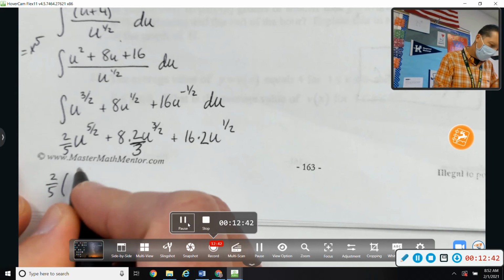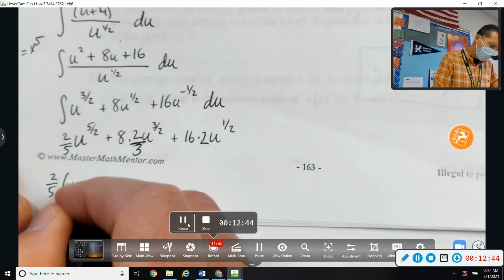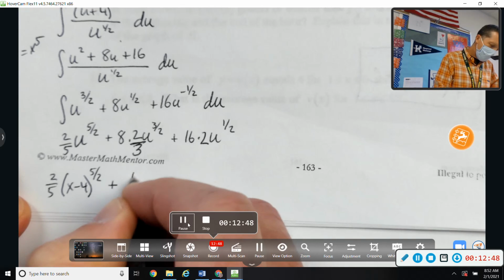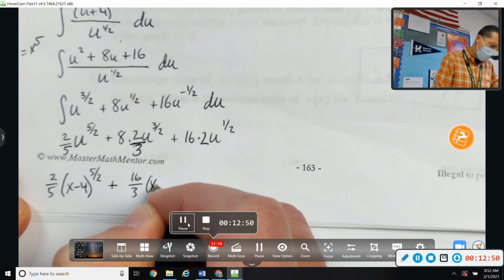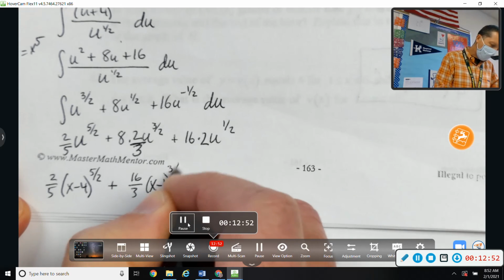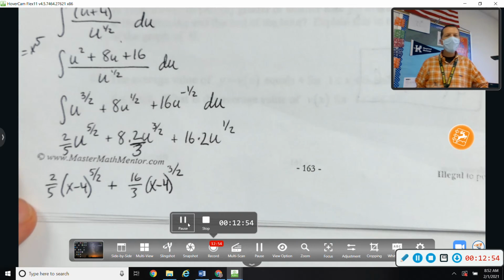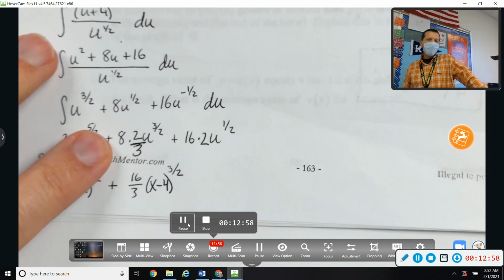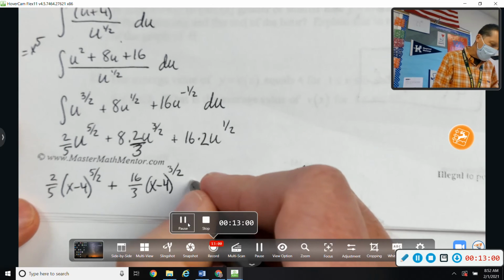2/5. u is equal to x minus 4. So everywhere there's a u, I'm putting in x minus 4. Yes, you could leave the fractions unmultiplied, but it's easy enough where I'm going to multiply them.